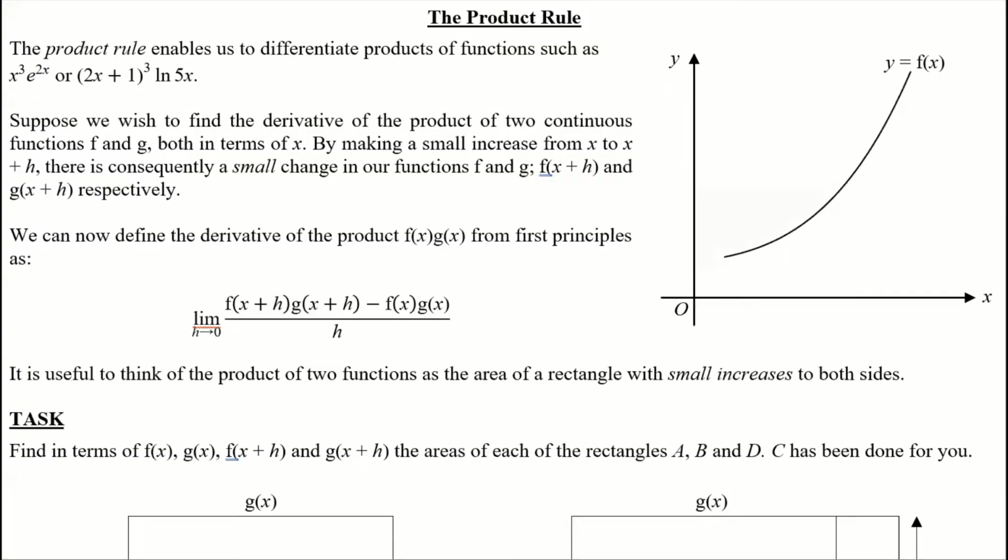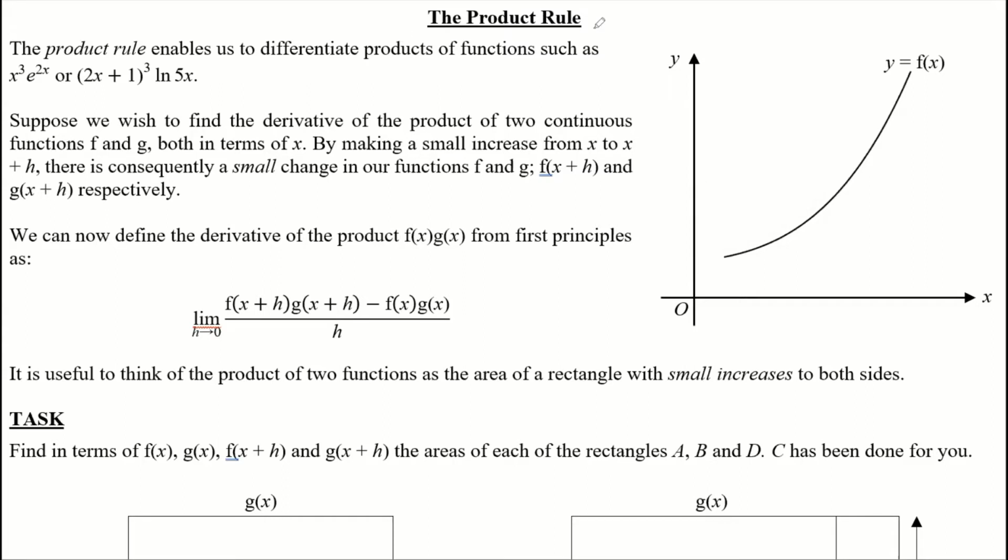So now we're going to do some analysis of the product rule. Now we've had an idea of how it works, and the principle behind it is pretty simple. We want to differentiate expressions or functions that are clearly the products of two different functions. So it will become obvious with these examples.